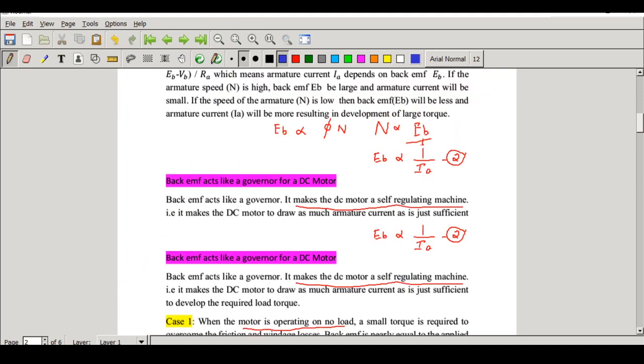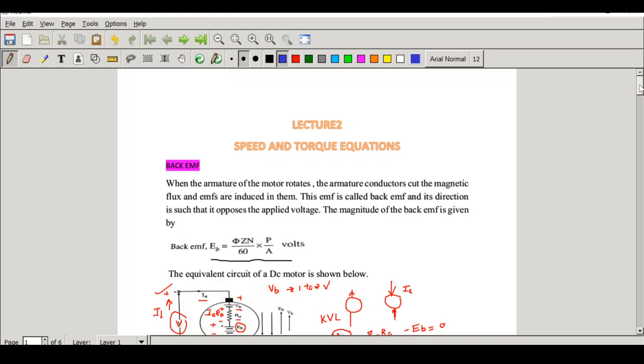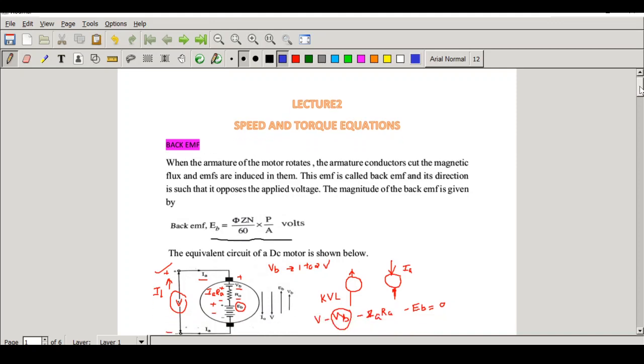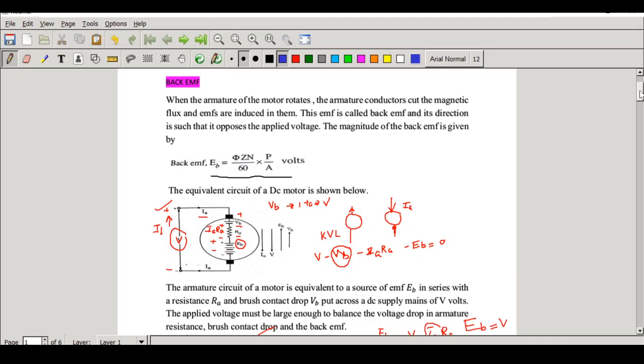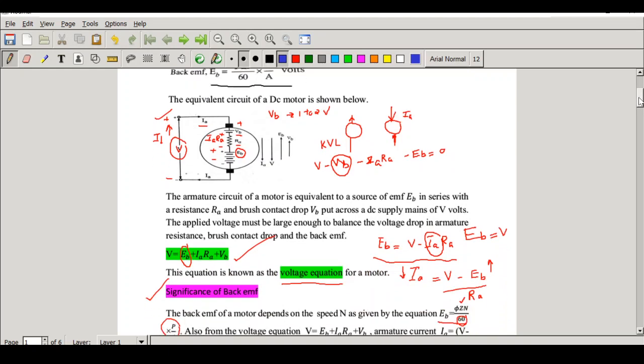We will review the topics which we have learned today. First, we discussed back EMF. Back EMF is the EMF which is induced in the case of a DC motor. We call it back EMF because it opposes the applied voltage, and we wrote the expression for it. Then we discussed that back EMF and speed are directly proportional, whereas back EMF and current are inversely proportional.